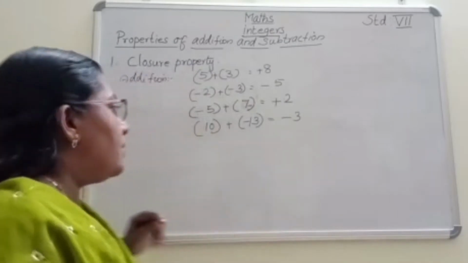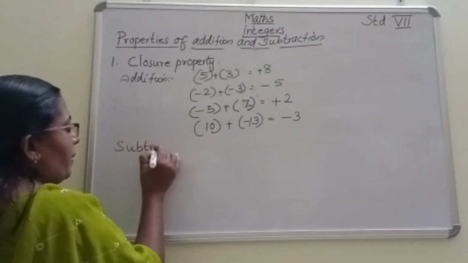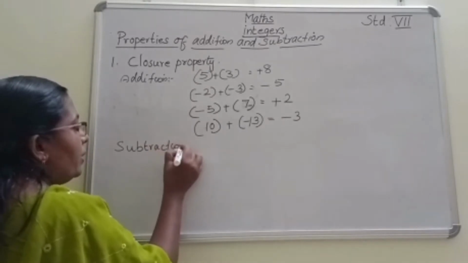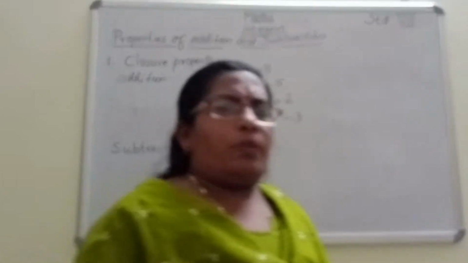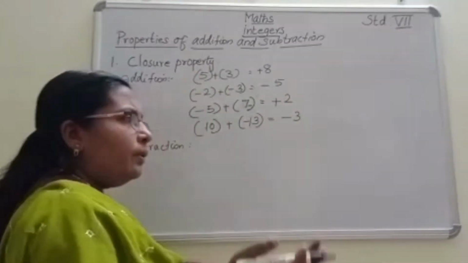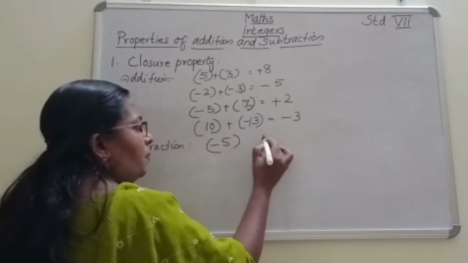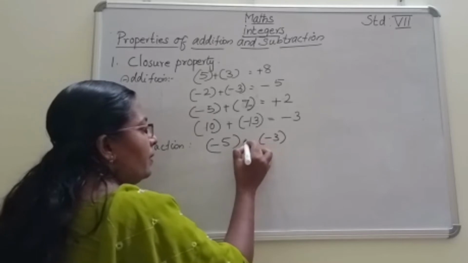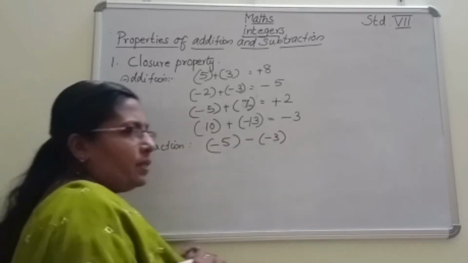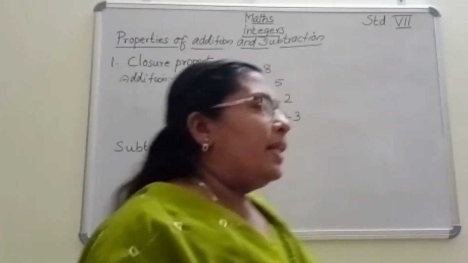Then see subtraction, if it is closure or not. Take any two numbers, -5 and -3. What do we want to do? Subtract. In subtraction, there is one more rule.